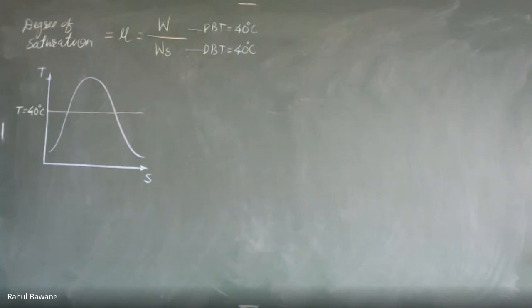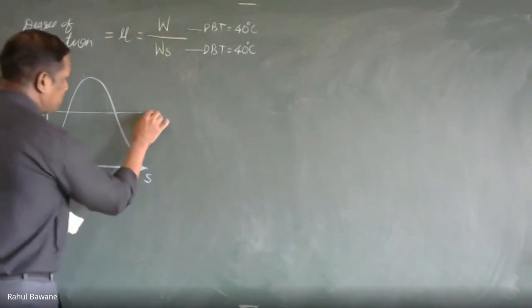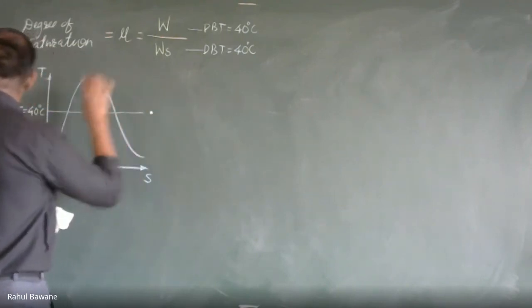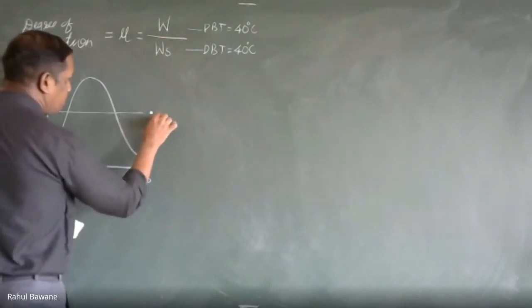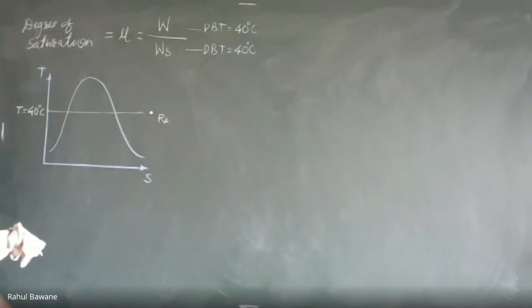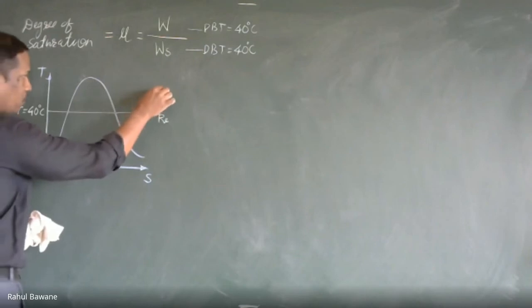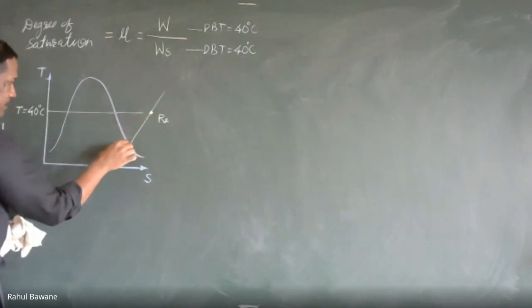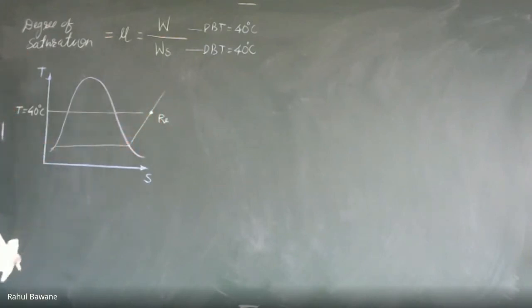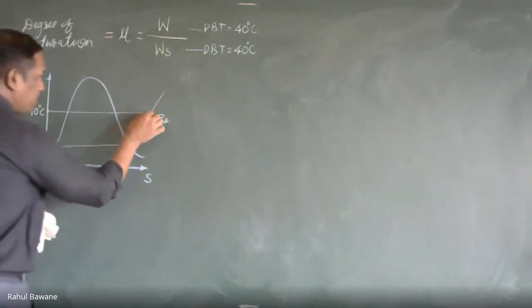Now when I am plotting this, suppose this is point P, PV. When I draw a PV line, the pressure line will be like this. I have to keep the temperature the same.